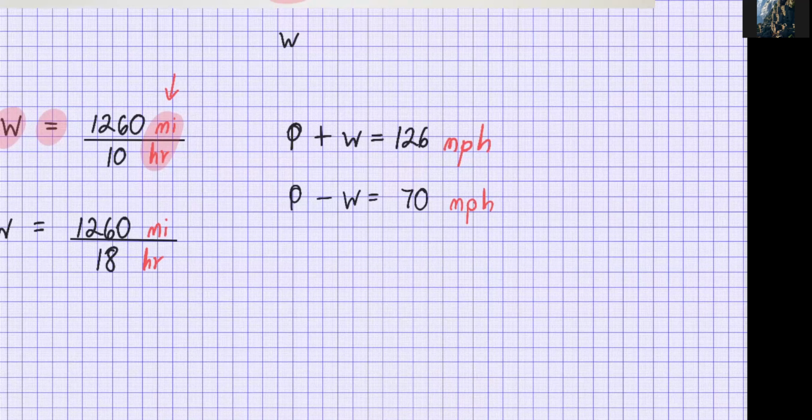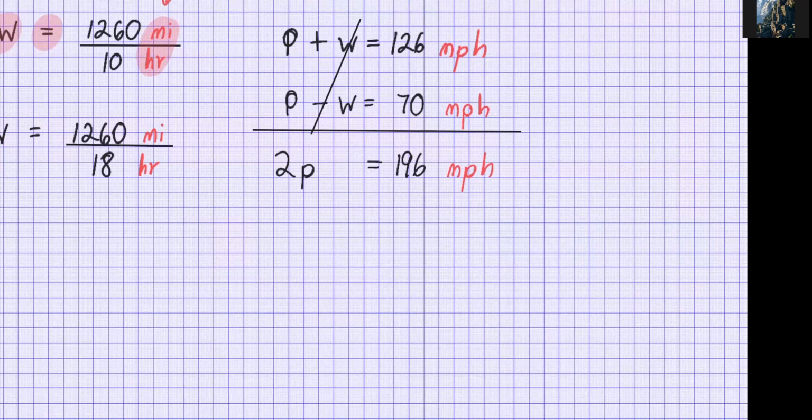Now, the easy part of this problem is that if we do this addition, we don't have to modify anything else, right? You can see that the speed of the wind will get canceled automatically. So we will have that 2 times P will equal 196 miles per hour. Now this number 2 that is multiplying will go to the other side dividing.